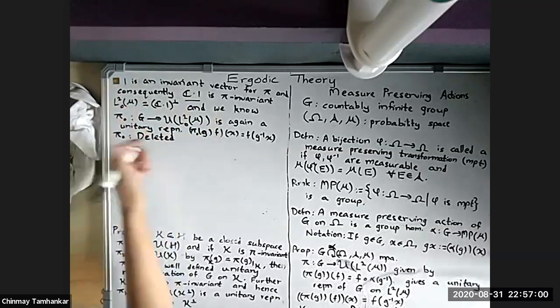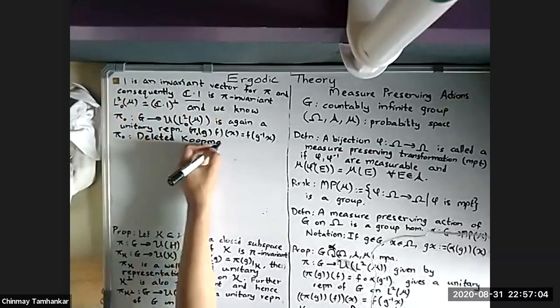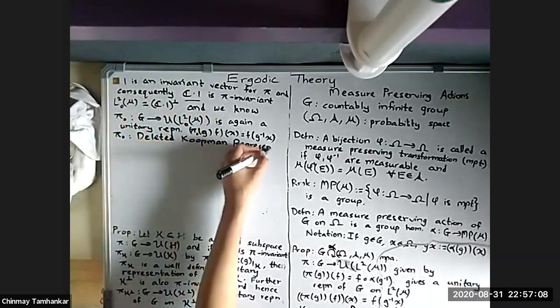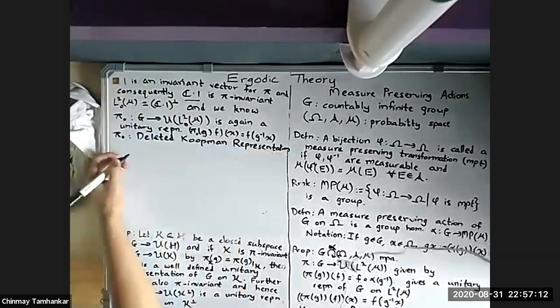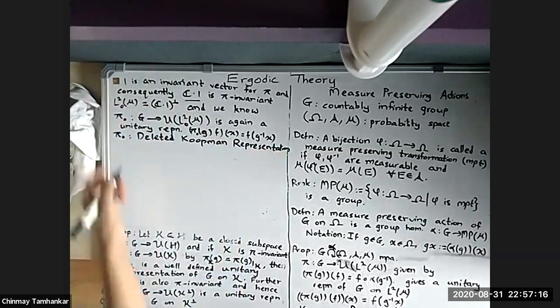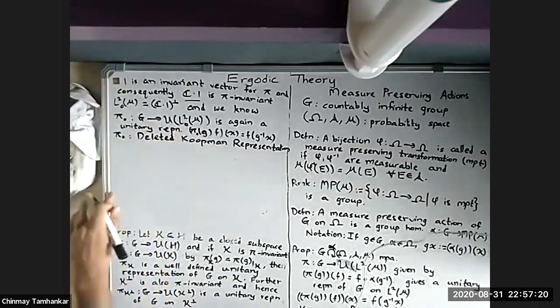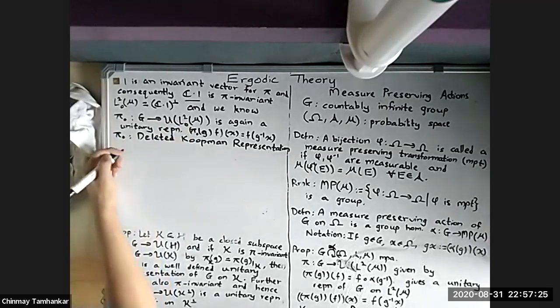This is something new, the deleted Koopman representation, because we are deleting a one-dimensional subspace from the whole space. I am calling this L2 mu 0 because we'll explicitly say what this subspace is.